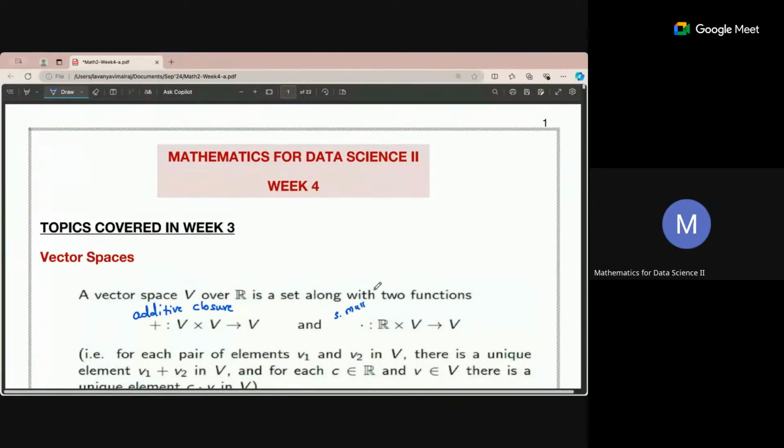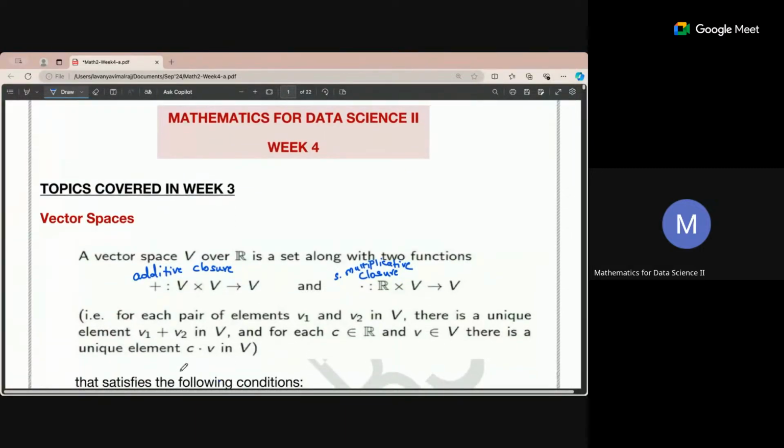Remember, it is scalar multiplication we are referring to. It means when you do scalar multiplication to a vector, the scalar multiplied vector also belongs to the same vector space. So these are the first two properties.